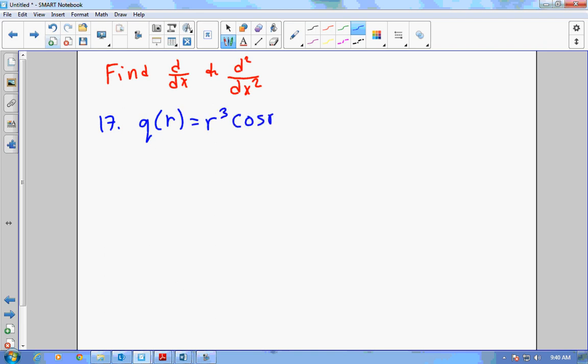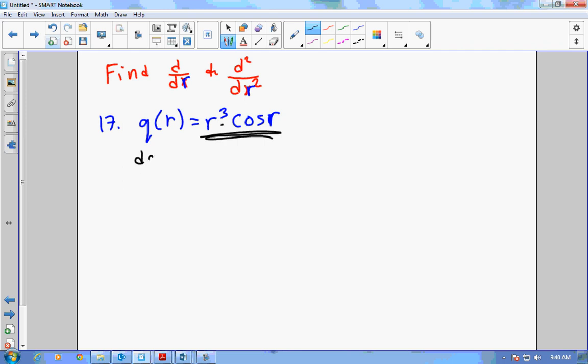So really these should be saying find dq/dr instead of dy/dx. Okay, well, we have to realize what rule this is asking for to find the derivative. Is it a function stuffed in a function? It's the product rule. First times d last plus last times d first.